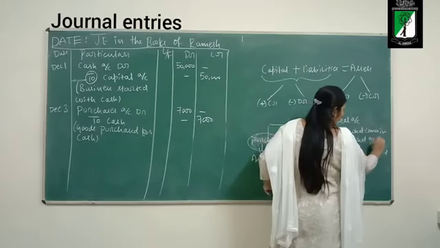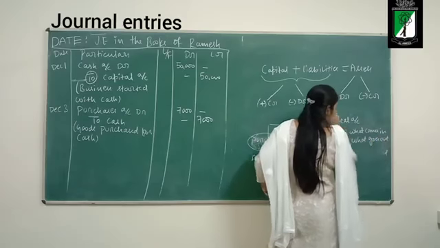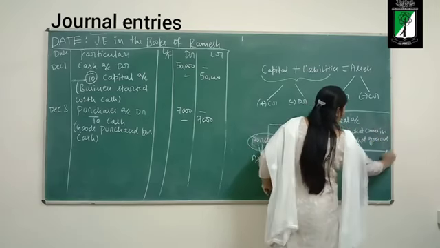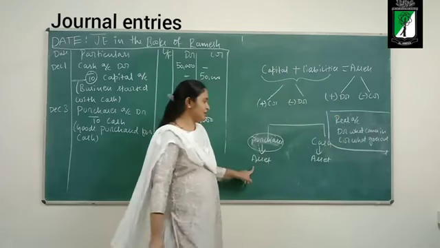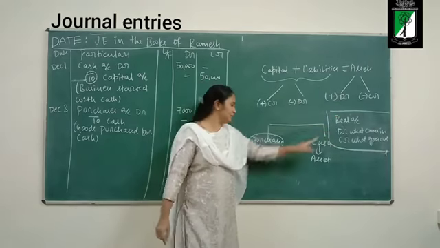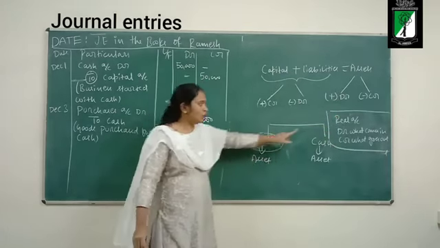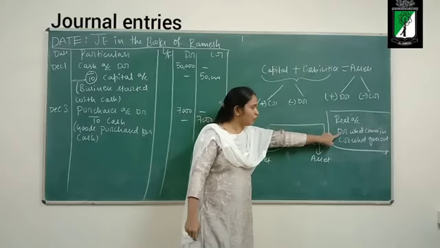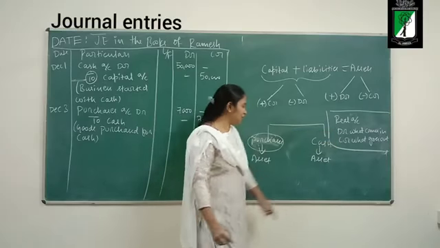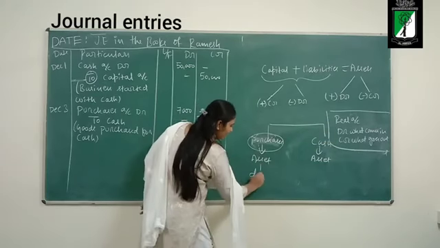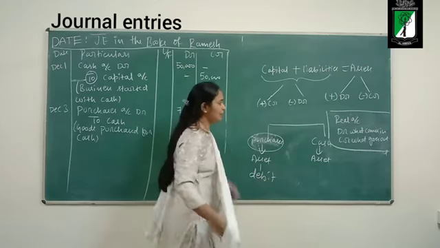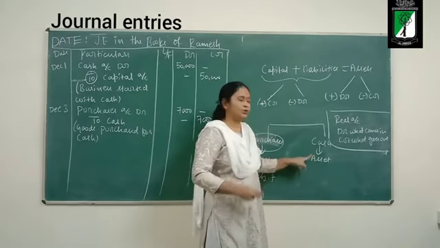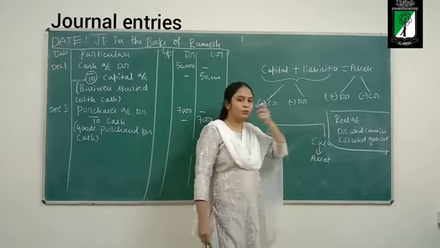So here what is happening in the business? What is coming in? Purchases. So what should I do? Whatever comes in, I need to debit. Okay, I will debit this. And for cash also, which account rule are you supposed to follow?